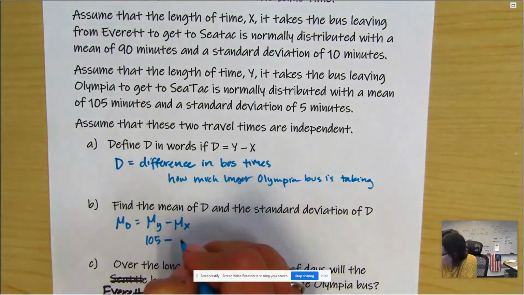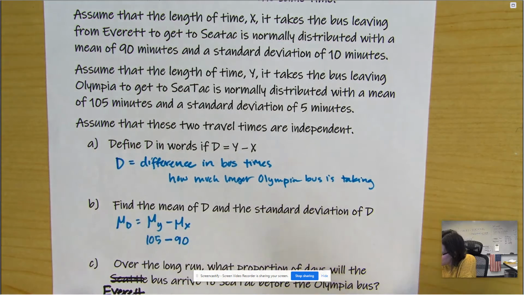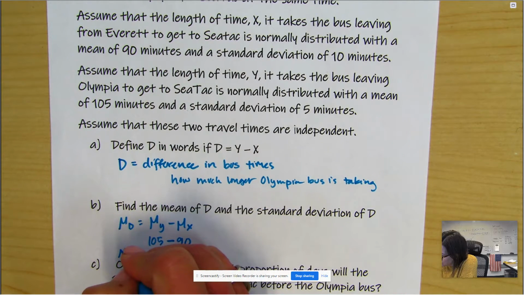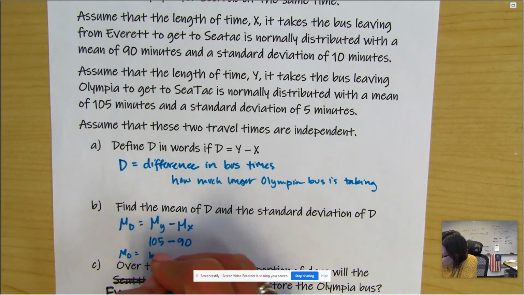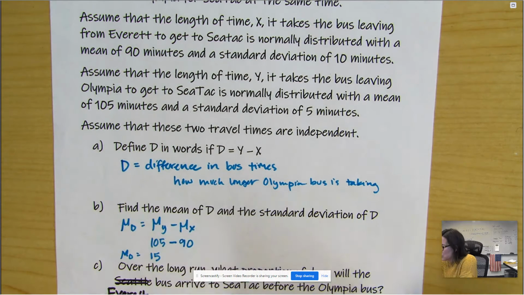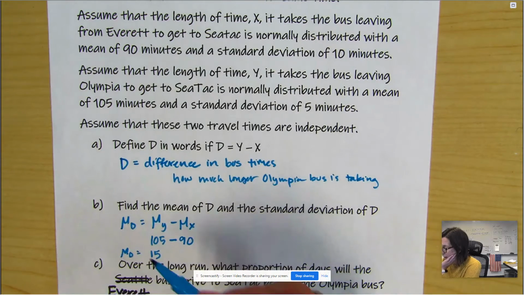I keep calling it a Seattle bus. It's Everett. Okay, so 105 minus 90. So the mean difference is 15. On average, the Olympia bus is taking 15 minutes more than the Everett bus. They're both going to SeaTac.